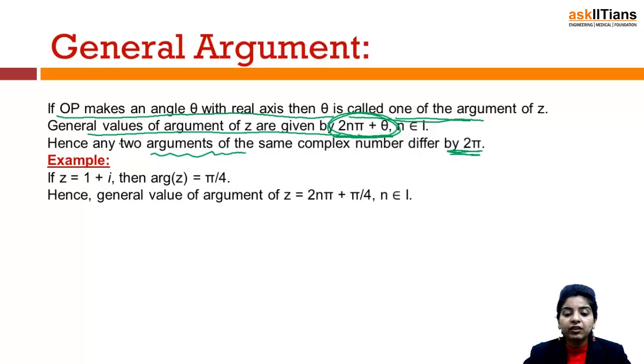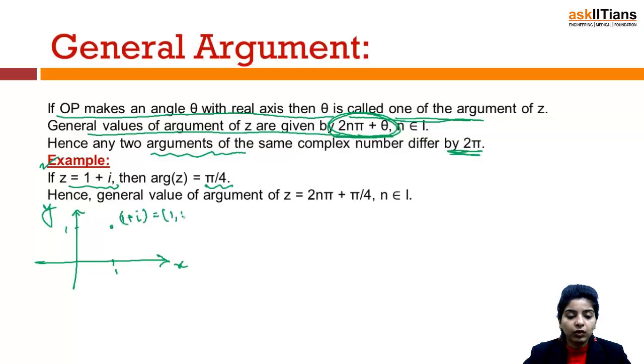The things will get clearer once we switch to certain examples. Like we have here an example. If z is 1 plus iota, then argument of z is pi by 4. How do you get that? See, this is my real axis, this is my imaginary axis, x and y axis, and I have the complex number z as 1 plus iota. That means here this is 1, this is 1, so I have this as 1 plus iota, or you can write it as (1, 1).